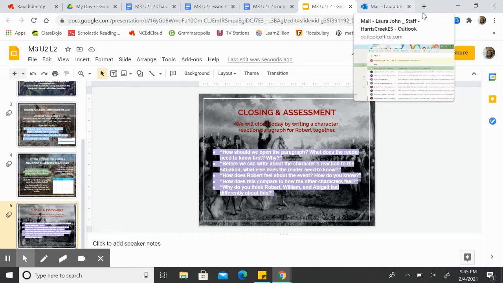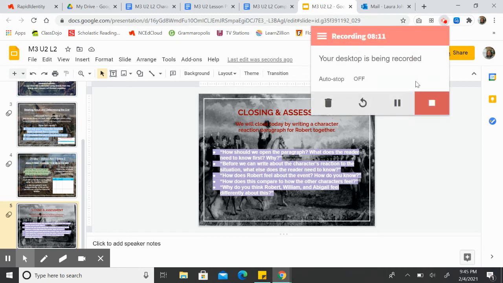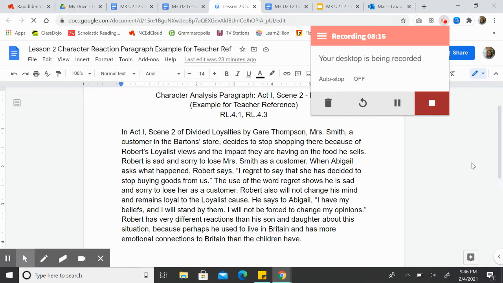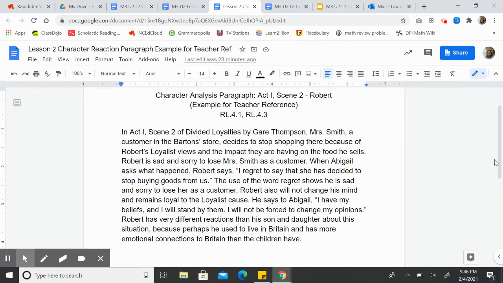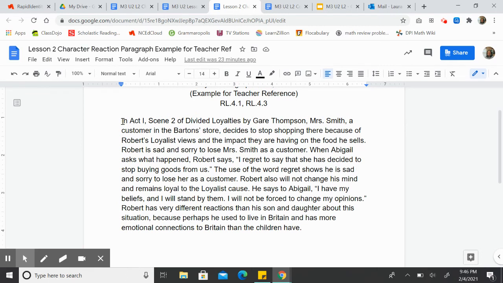But if you are watching this because you missed class, I'm going to pull up my paragraph so that you can see it. Hang on one second. All right. So here's my character analysis paragraph of Robert from Act 1, Scene 2. So notice I say in Act 1, Scene 2 of Divided Loyalties by Gare Thompson.